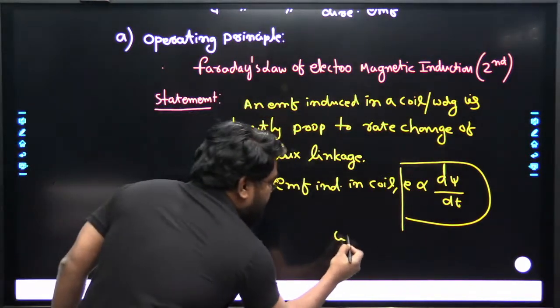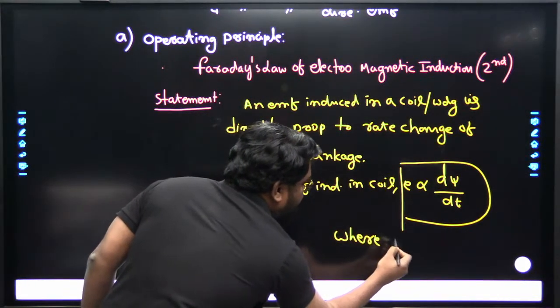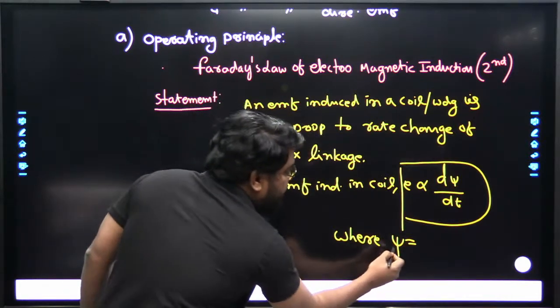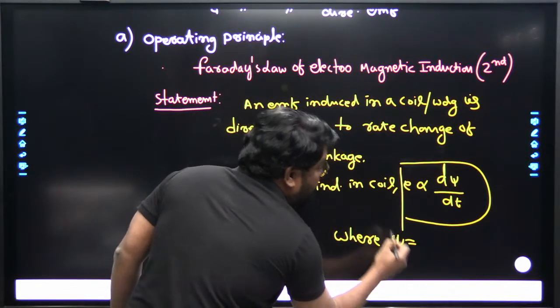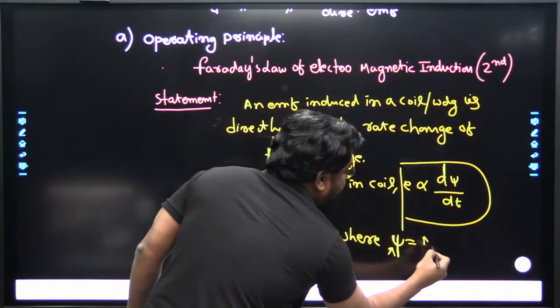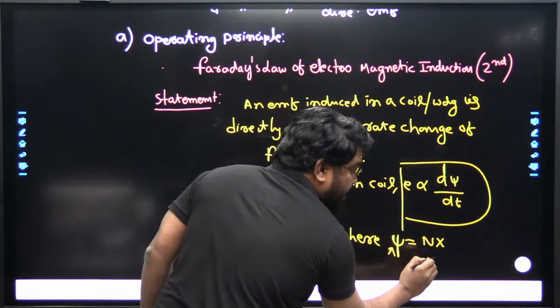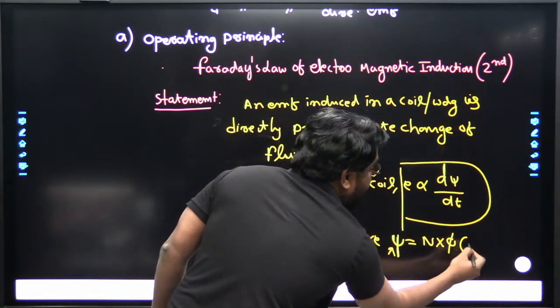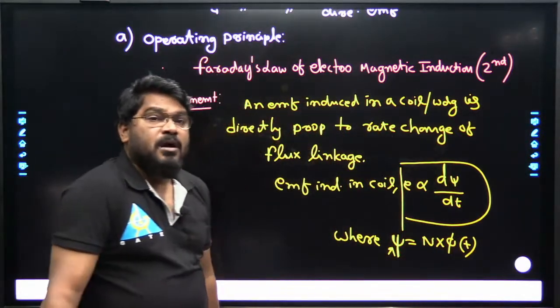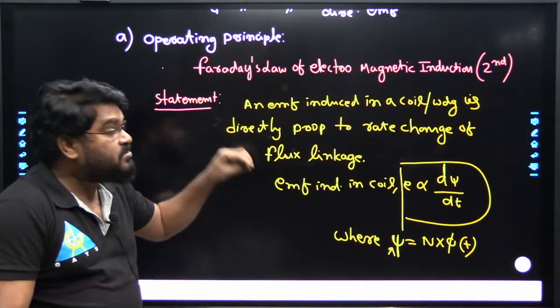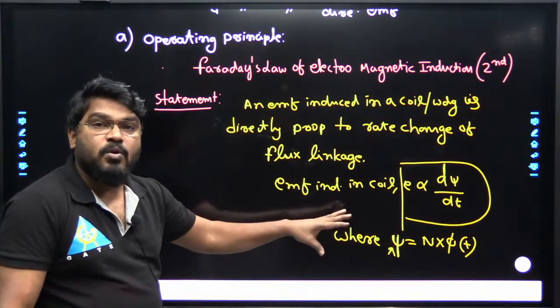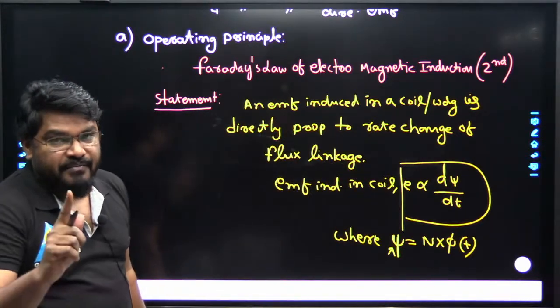What is the meaning of flux linkage? We can say that psi is equal to the number of turns of the winding or coil multiplied by flux. That means how much amount of the flux links with the number of turns is known as a flux linkage. All of you clear on this point?